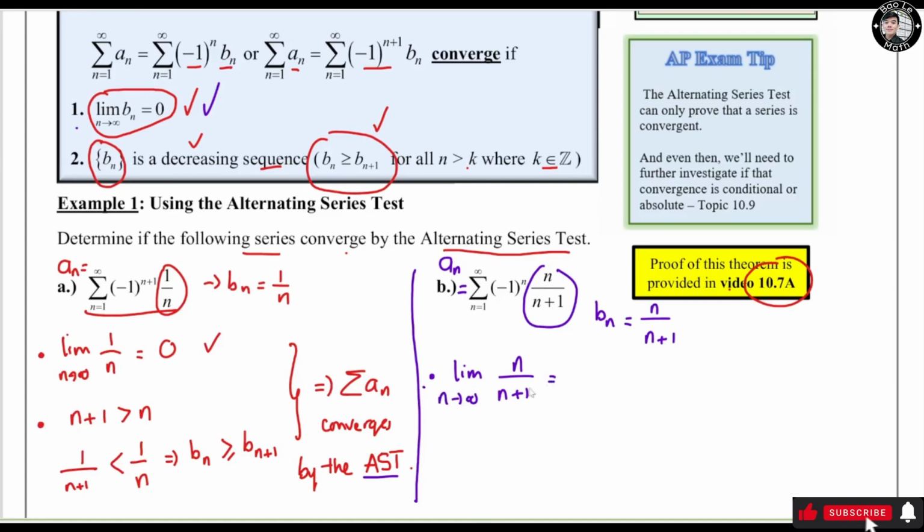It's going to be the limit of n over n as n approaches infinity, because number 2 doesn't really matter here. So I simplify this one, and it's going to be 1. This is not equal to 0, so you're going to say that the alternating series test is inconclusive.